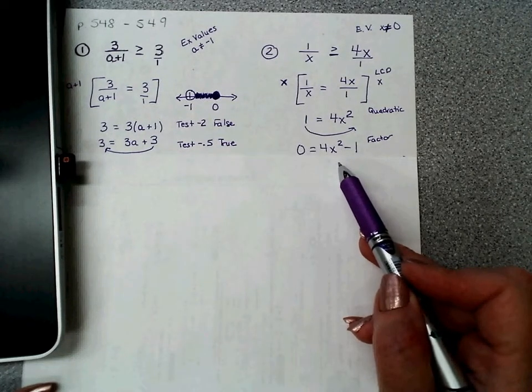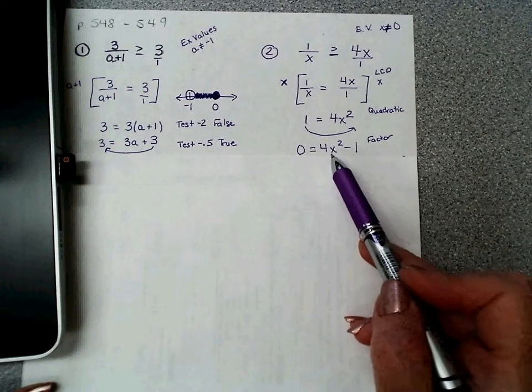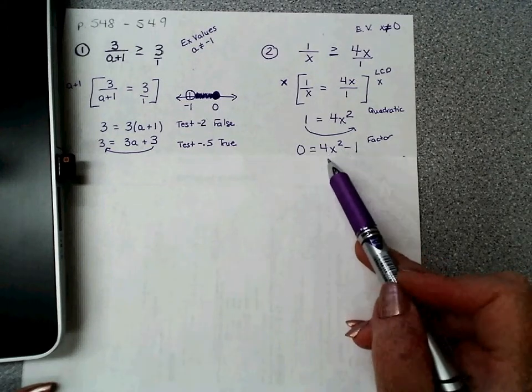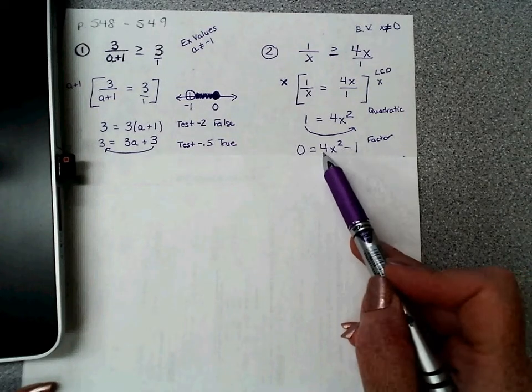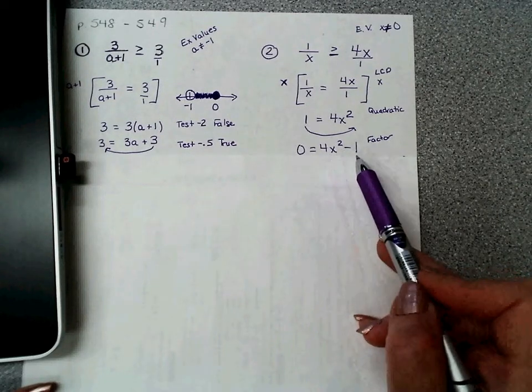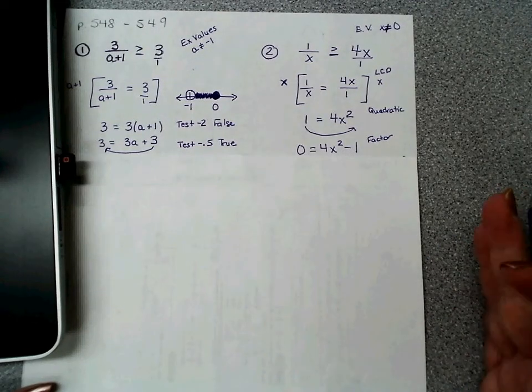It's not a perfect square trinomial. It's not a GCF. They don't have anything together in common, but that's a square, that's a square, and that's a square. There's a minus in the middle. This is DOPS, difference of perfect squares.